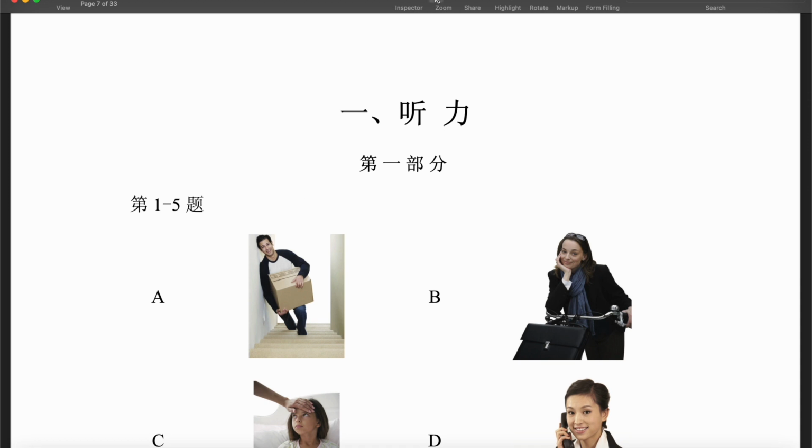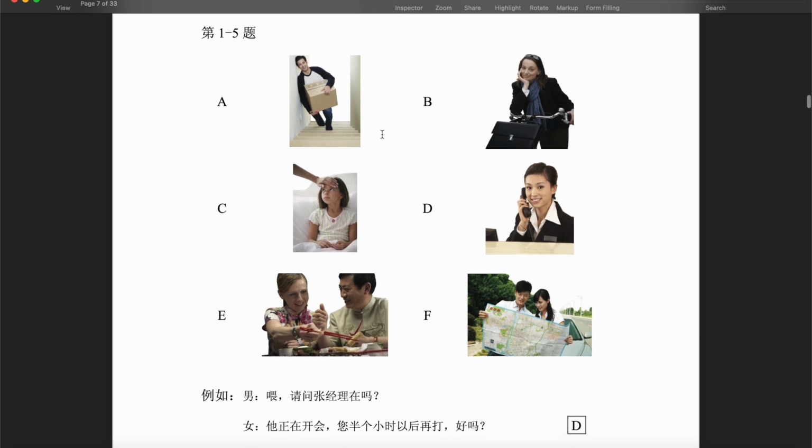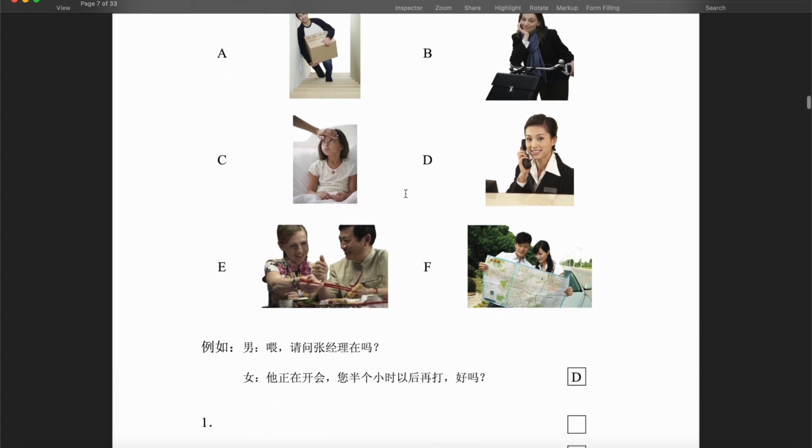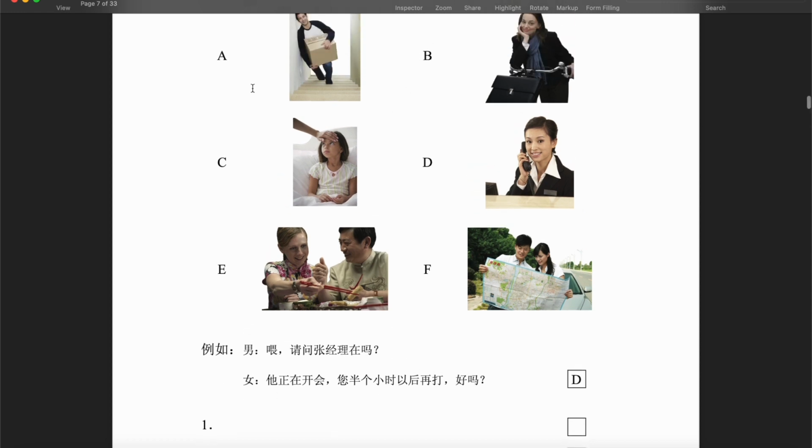Okay, so the first part of the listening section is that you have to listen to a dialogue or sentences and match it with a picture. You can see here, the first sentence is definitely an example. They will say it, and then you have to match it with whatever picture you think, and write your answer here.